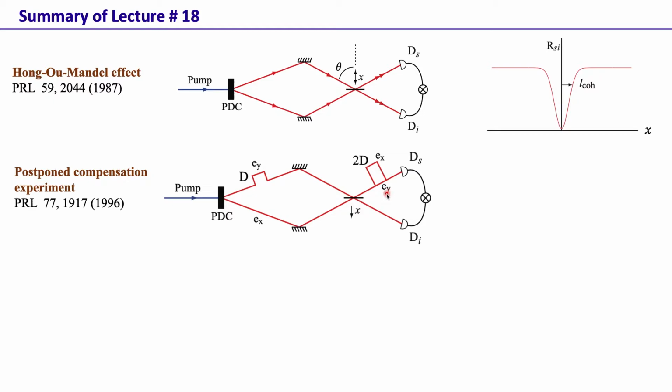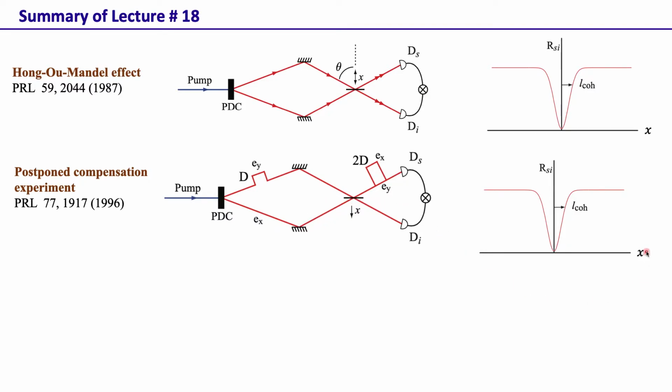So, as a result this basically compensates for this delay, but after the photons have gone through the beam splitter. And in this experiment also, as a function of the beam splitter displacement, one sees the same kind of effect that one sees in the Hong-Ou-Mandel. But at the x equal to 0 position in this experiment, one still has this delay. x equal to 0 does not correspond to these two photons arriving simultaneously at the beam splitter.